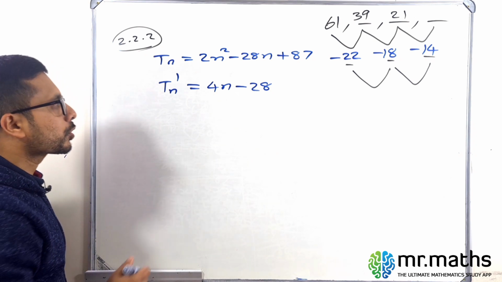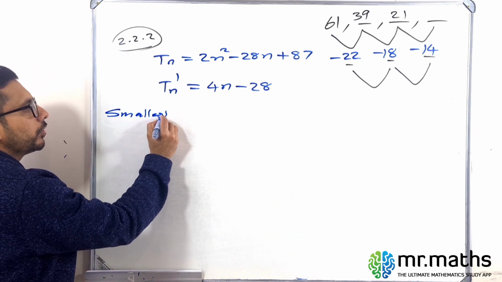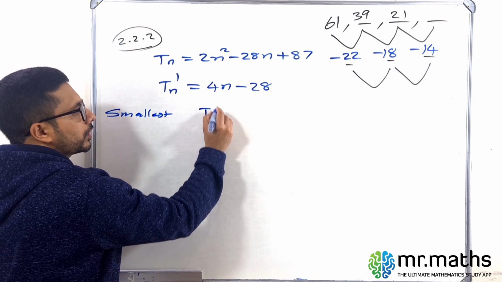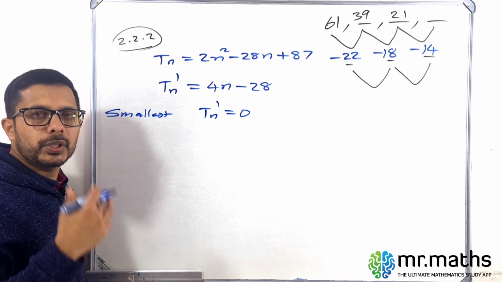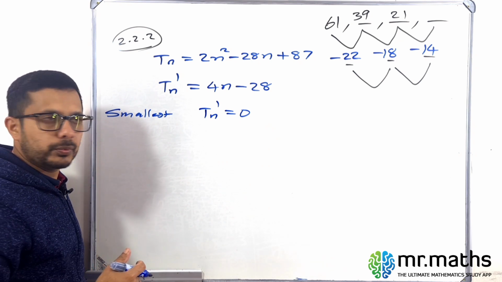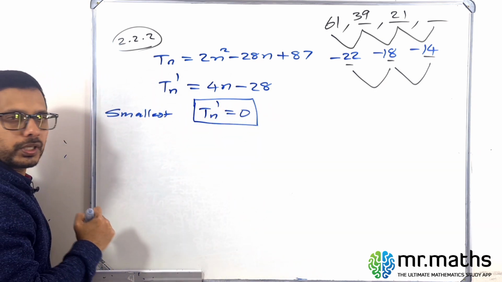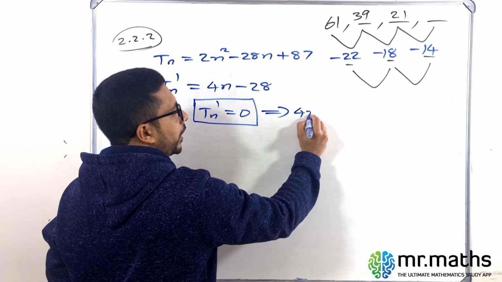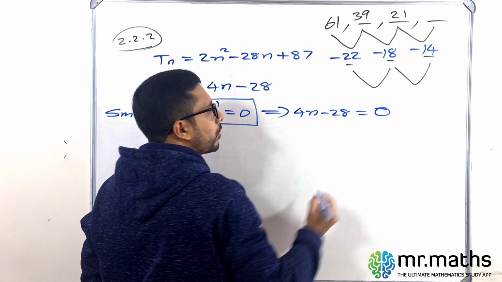To find the smallest, what are you supposed to do? Tn dash is equal to 0. That is the condition to find the big or small, both the same thing. Here Tn dash is 4n minus 28, and that is equal to 0.